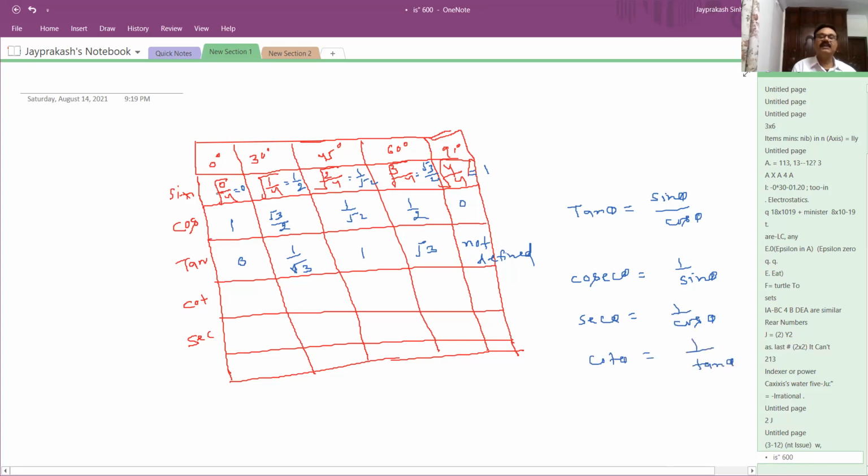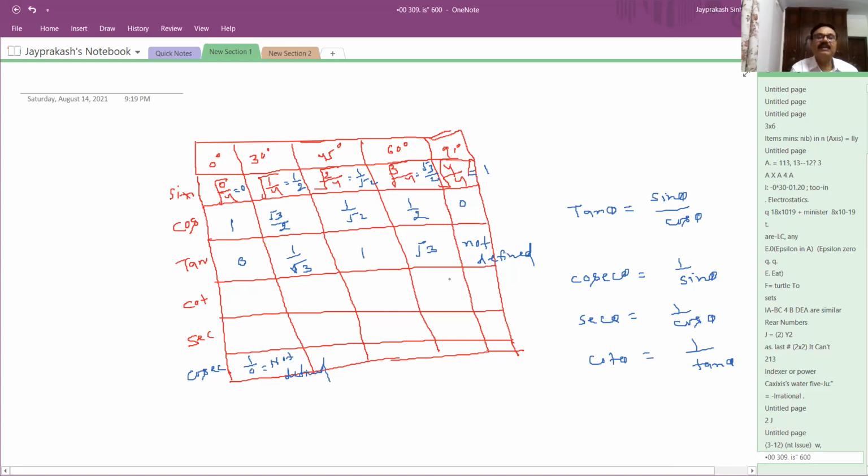Because we already know the values of sine, cos, and tan, we can easily find the values of cot, sec, and cosec by just reversing these values, means by taking 1 upon them. If sine 0 degree is equal to 0, then what is the value of cosec 0? Cosec 0 will be 1 upon 0. That is not defined. Similarly, we can fill all the values.